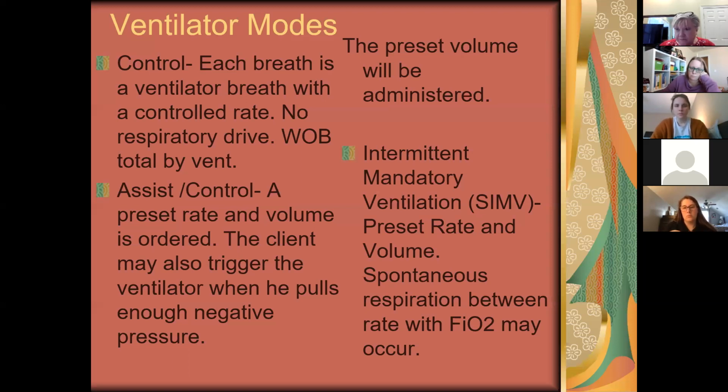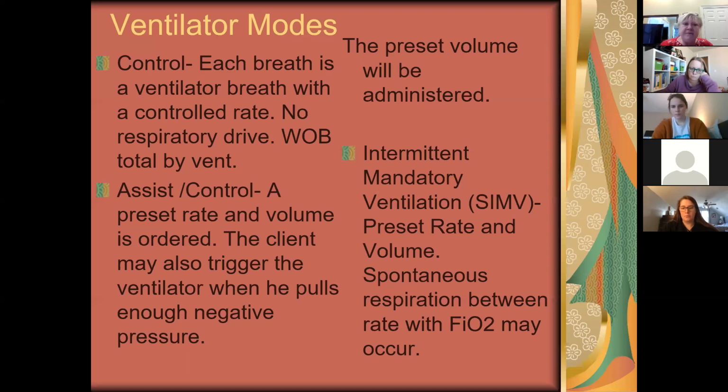Assist control. The control part is there. They will get 16 breaths at 600 mLs at 60% FiO2. That they are going to get that control. All right.